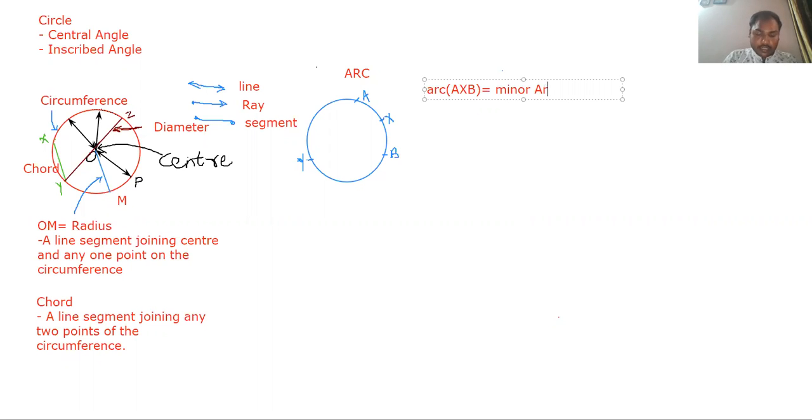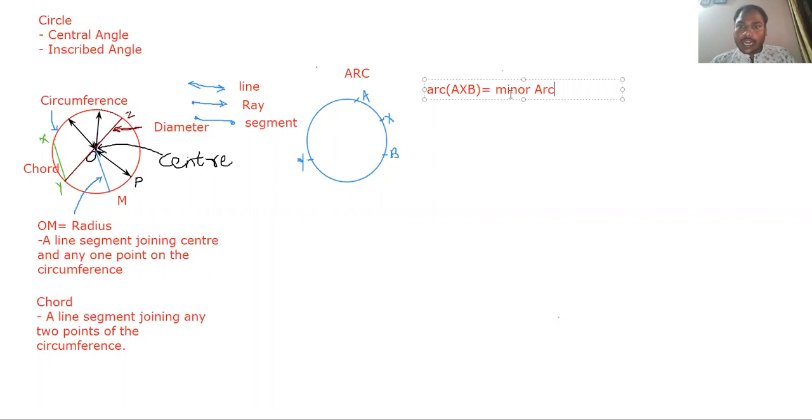Before the minor arc, we will understand the arc. What is an arc actually? We can simply define the arc as a portion of the circumference. In our entire circumference, we have a small portion, that is AXB.